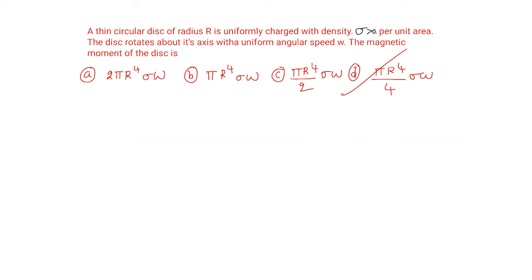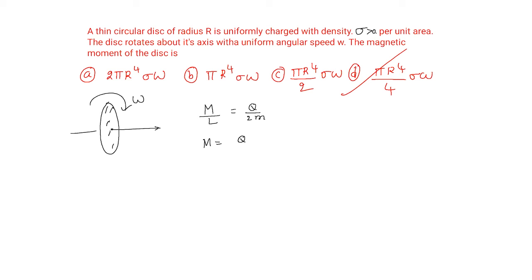Now I'll solve it. See, children, here a thin circular disk has surface charge density sigma, and it is rotated like this with a constant angular velocity omega, right? Now we can apply the gyromagnetic ratio. Gyromagnetic ratio is M by L equal to q by 2m, where m is the mass and M is the magnetic moment.